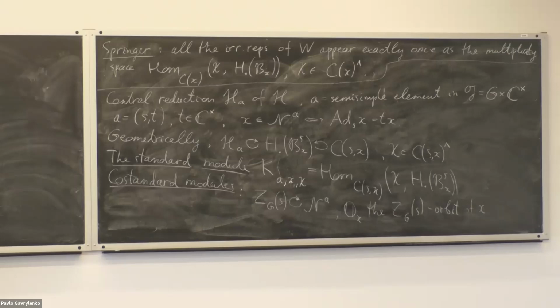Okay, so we have this closed embedding, and we have the corresponding map from Borel-Moore homology of S tilde to Borel-Moore homology of S tilde from Borel-Moore homology of BSX.